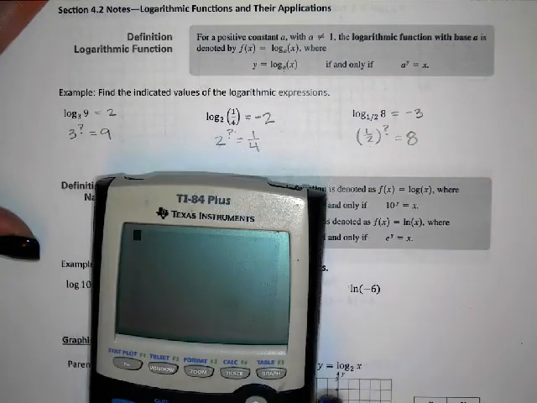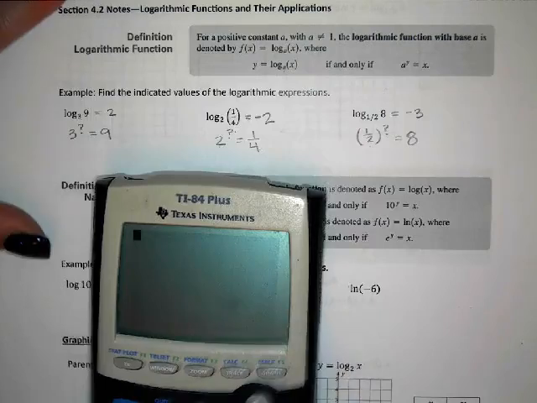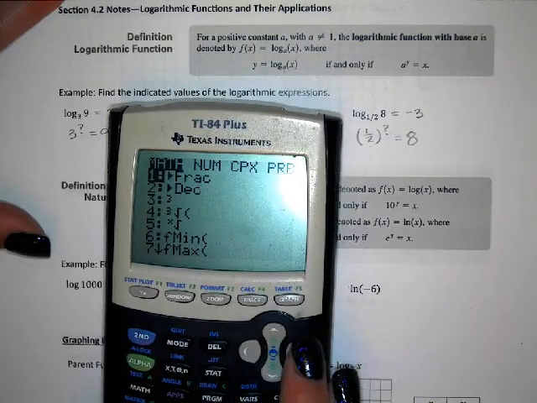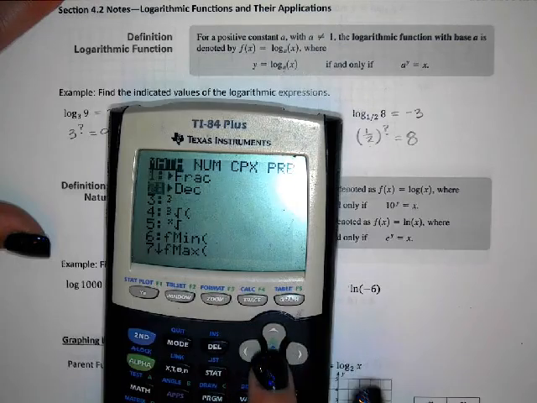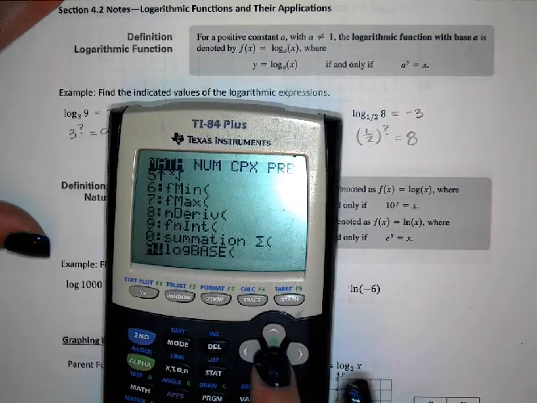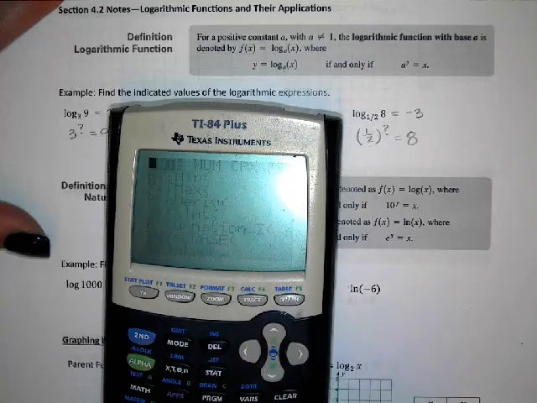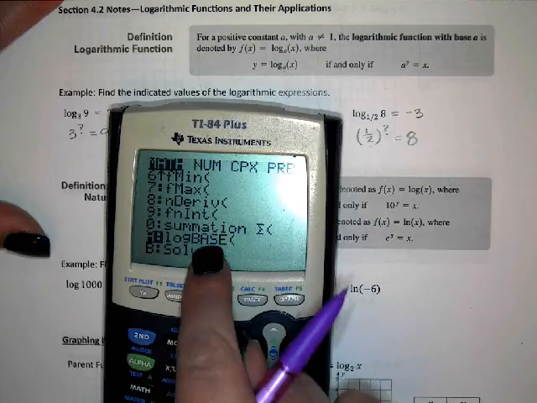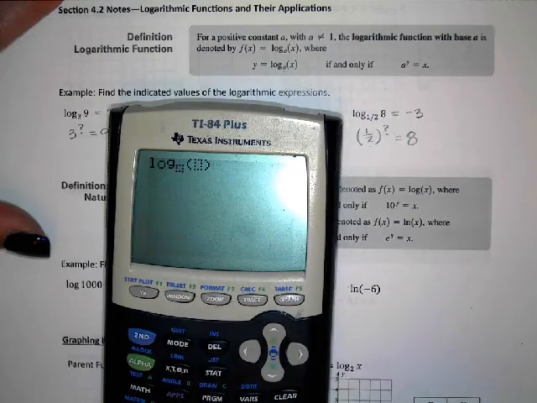All right, so if we wanted to type this into a calculator, I would hit the math button and go over to, what was it, number? I should have looked this up ahead of time. There it is, log base. So you hit the math button and go up in your calculator, and it says log base, and that's how you type it in.